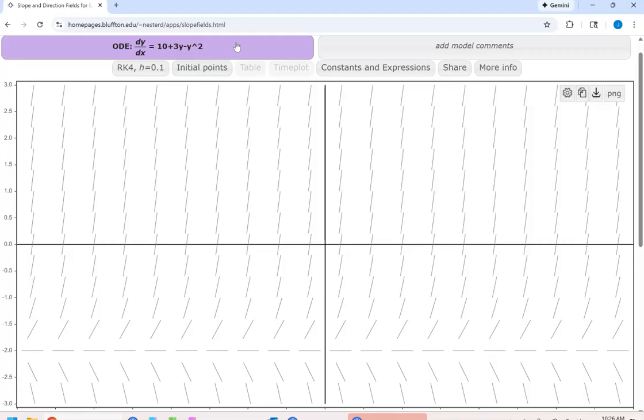Okay? All right. If I had a solution where the initial value for whatever x, doesn't matter, the initial value for y was -2, what would happen to that solution? What would happen? If the initial value for y, didn't matter where the x is, what would happen? It would be a straight, horizontal line across, right?